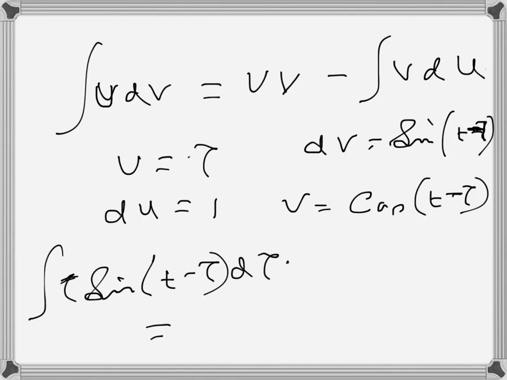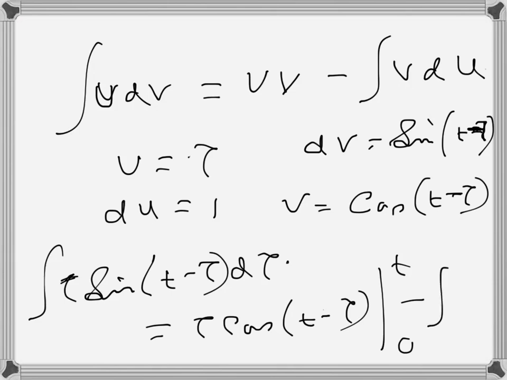So uv is tau times cos of t minus tau, from 0 to t, and then minus the integral of v du, so cos of t minus tau d tau, from 0 to t, where du is 1.